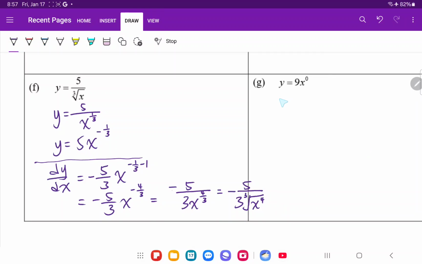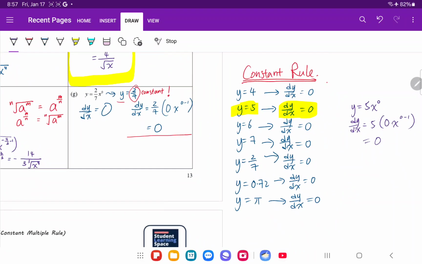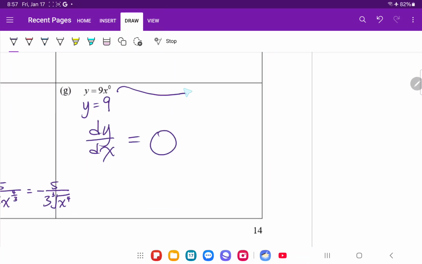Lastly, this is the one where y equals 9 times 1, which is 9, right? The dy dx straight away is 0. This is the constant rule that we mentioned over here. If you want to do it the long way, dy dx is 9, power comes down, power reduced by 1.